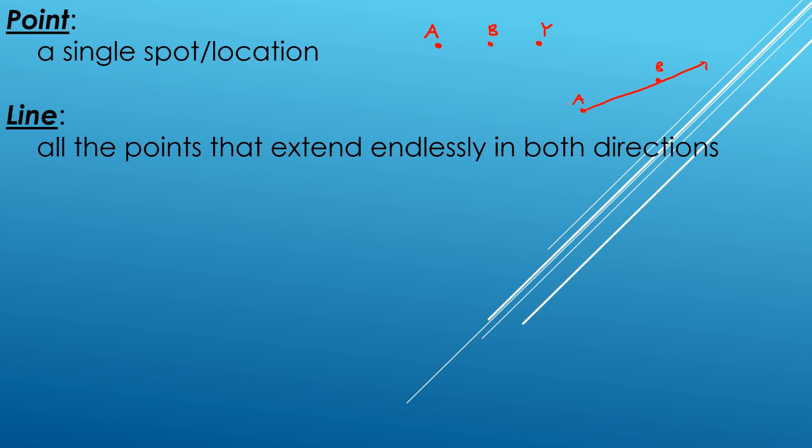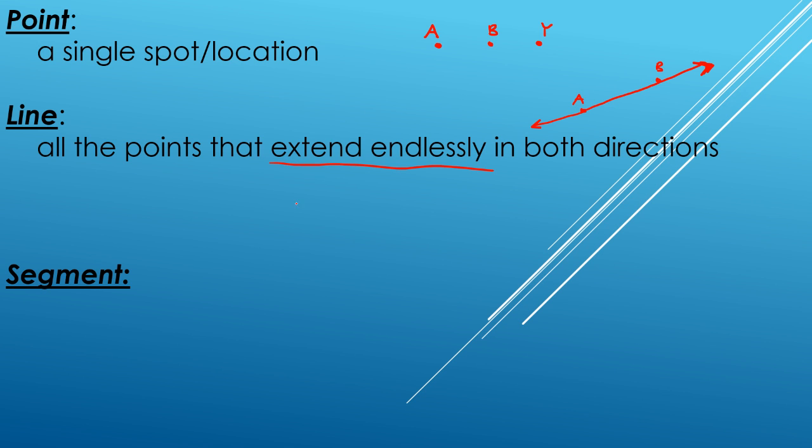But it's not just the points in between A and B, is it? It's extending endlessly in both directions. And that's signified by the arrows, the way I drew this. So when you are doing geometry, using the symbols is important. The arrows at the end signify that it's going on forever, leftwards and rightwards.